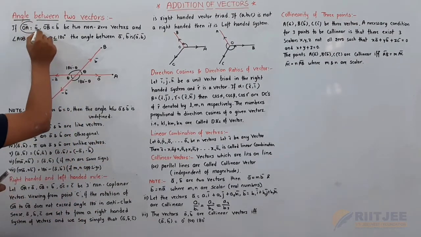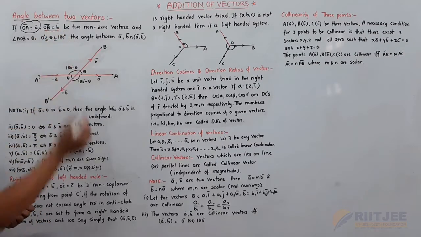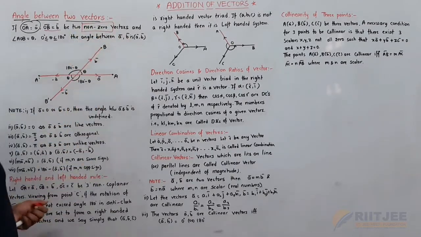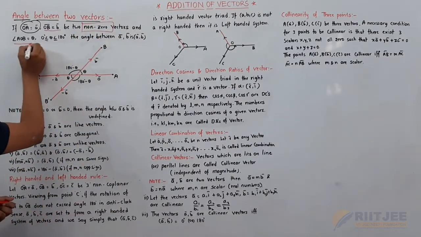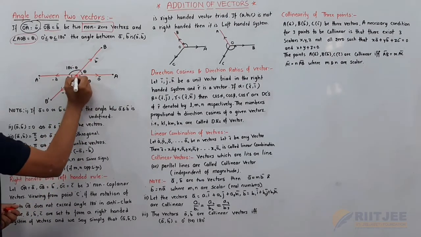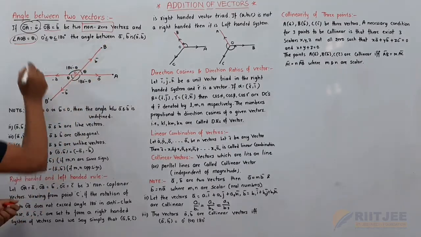Here OA is equal to A bar and OB is equal to B bar. Here we have two non-zero vectors, and the angle between them, angle AOB, is theta.